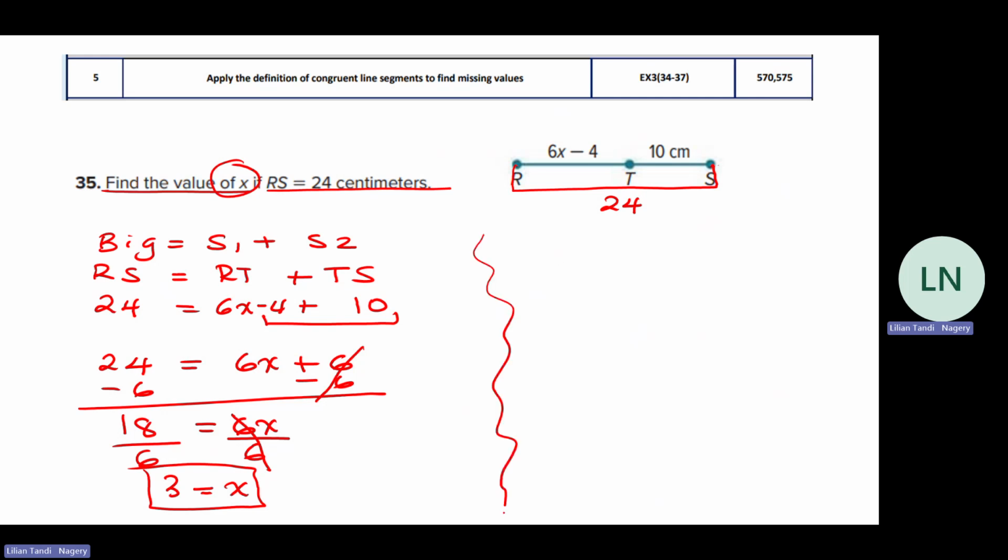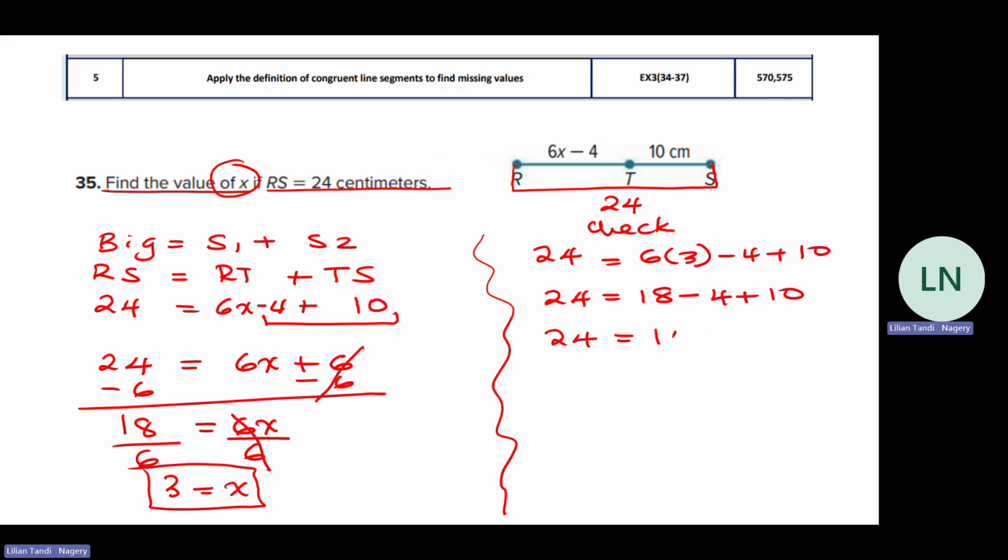But I want to check to confirm if my answer is correct. So 24 equals 6 parentheses 3 minus 4 plus 10. 24 equals 18 minus 4 plus 10. 24 equals 14 plus 10. 24 equals 24.